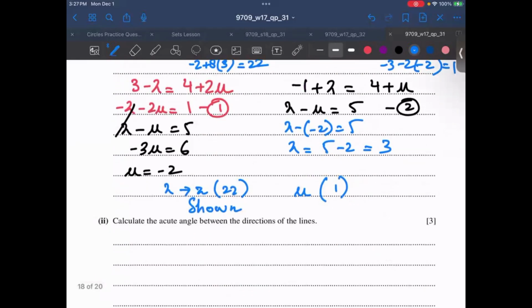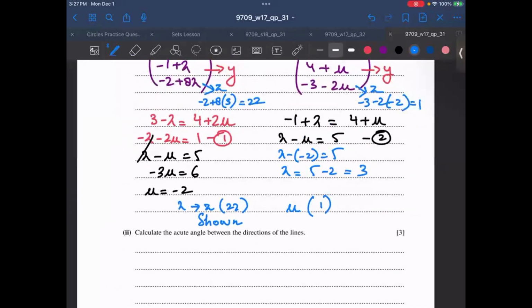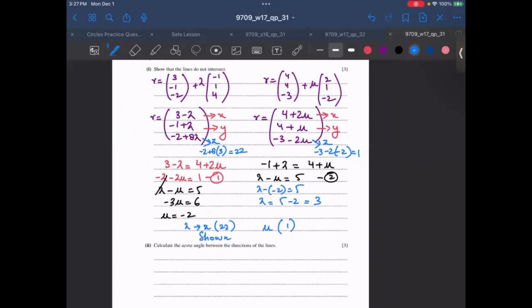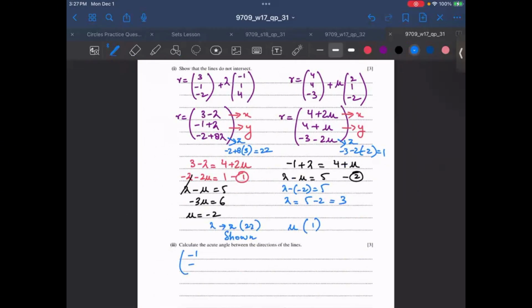In part 2, it says calculate the acute angle between the directions of the lines. So the directions of each of the lines are (-1, 1, 4), and the other direction is (2, 1, -2). So in an equation of a line, this represents a point on the line and this represents the direction for each line.